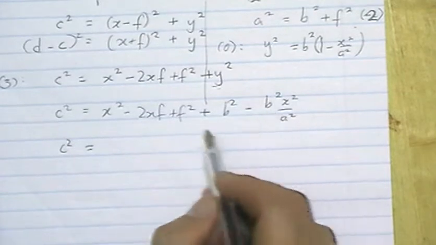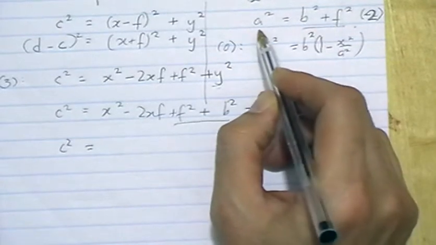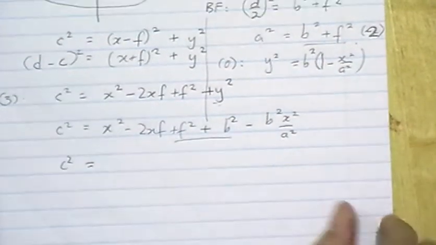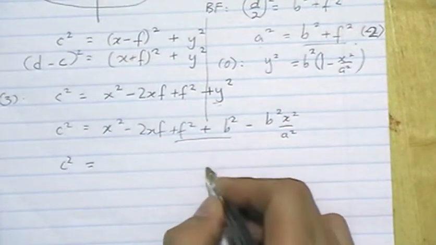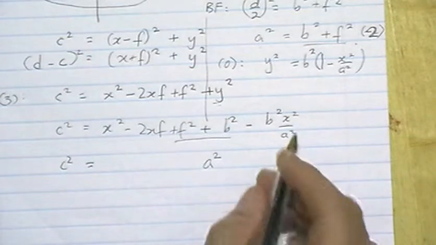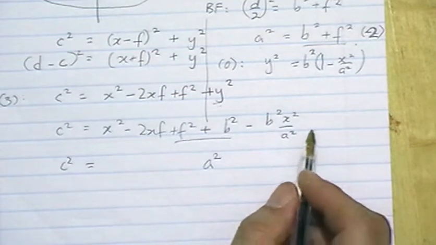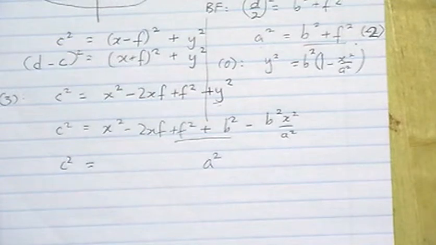Now let's try and simplify this. You see, f squared plus b squared we already know from equation 2 that it is a squared from there. So this is a squared. Okay.